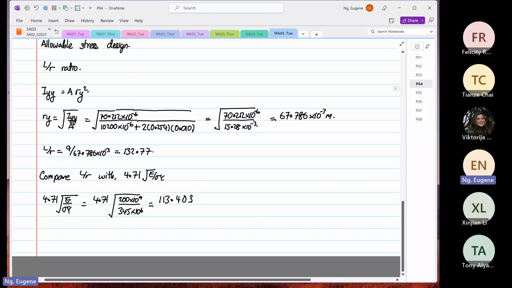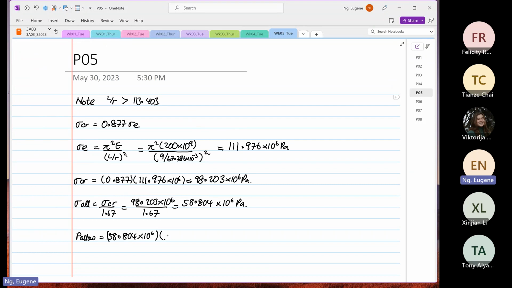The area is 15.28 times 10 to the power minus 3. So 58.804 power 6 times 15.28 power minus 3 is equal to 898.52525 times 10 to the power 3 Newton.